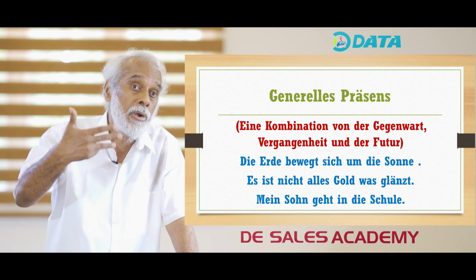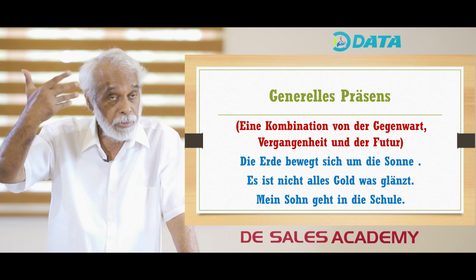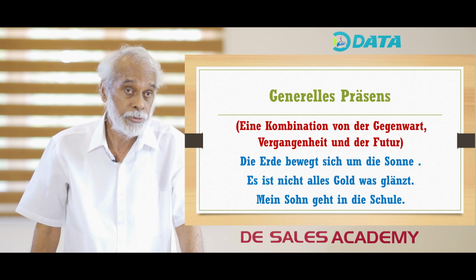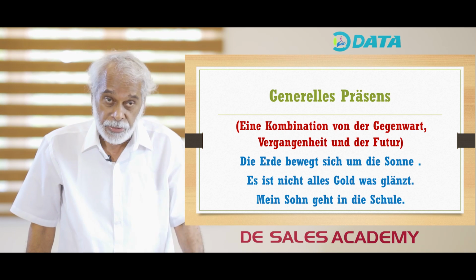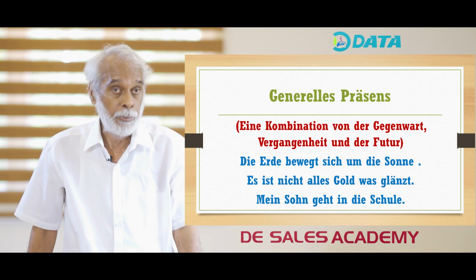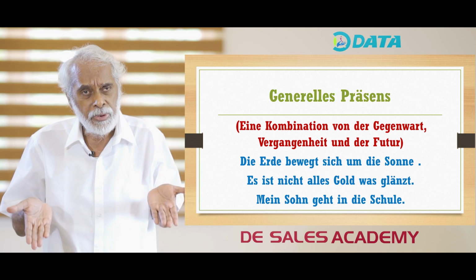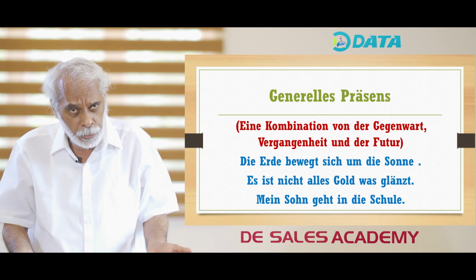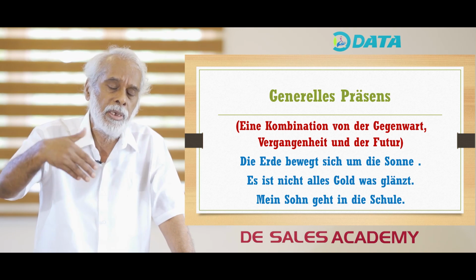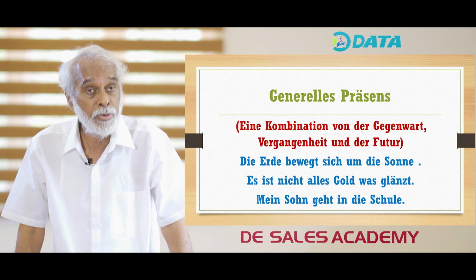And how long will it keep on? Maybe for millions and millions of years. So you see, this is generelles Präsens. Something which happened many millions of years back, and one thing which is going on now, and something which will go on for many years in the future also.